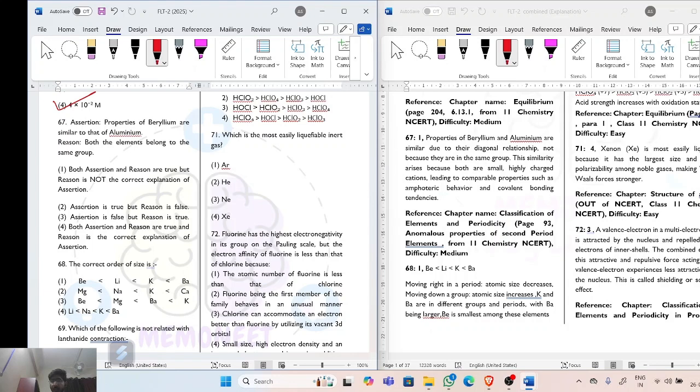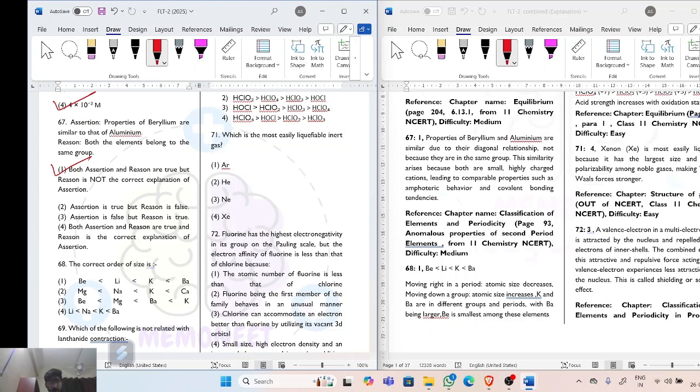This similarity arises because both are small, highly charged cations, leading to comparable properties such as amphoteric behavior and covalent bonding tendency. So option number 1 means both assertion and reason are true, but the reason is not the correct explanation of the assertion.